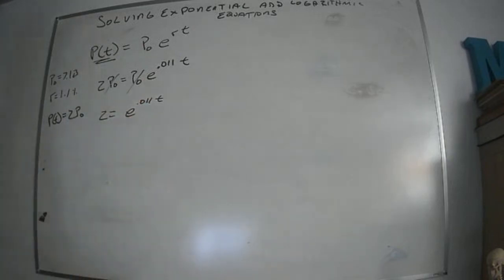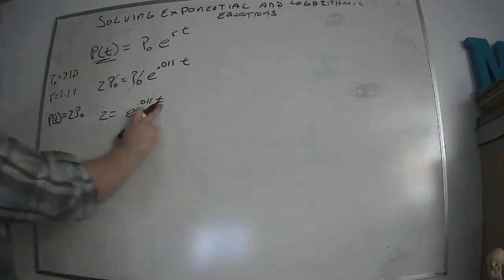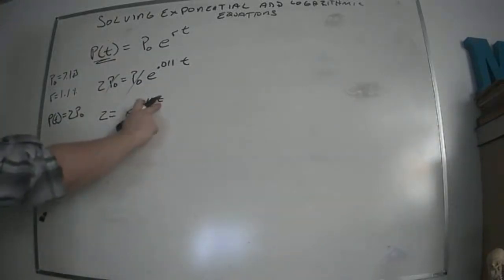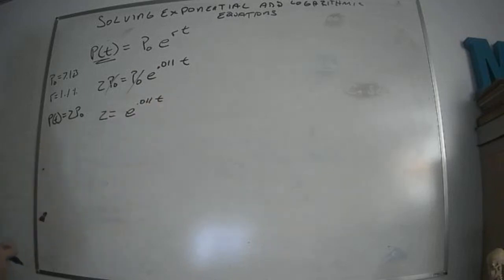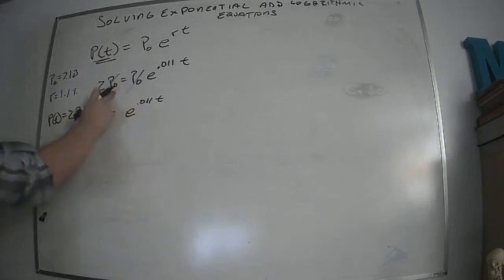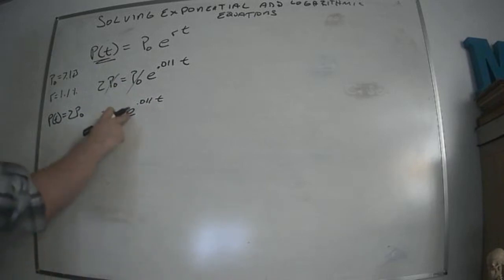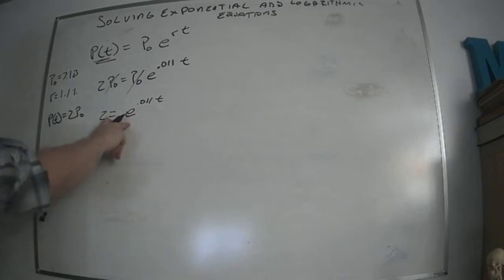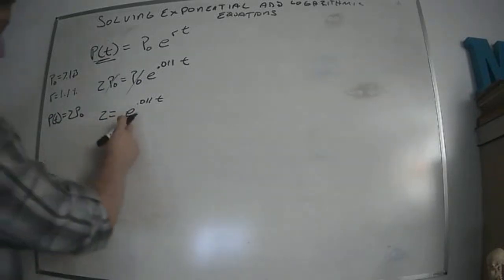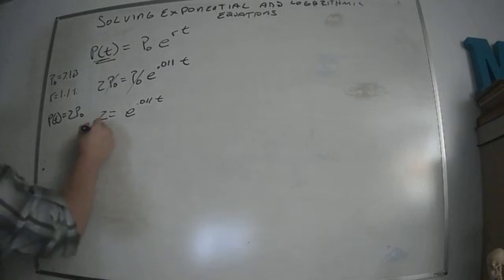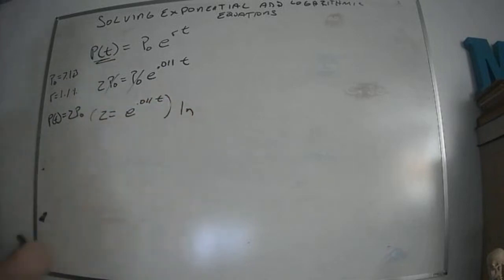Here we use the nature of the exponential equation, and we remember that since we're solving for t, which is in the exponent of this equation, we have to do something that gets it out of the exponent. Here, we used algebra to divide out something that had been multiplied. So division and multiplication are reciprocal functions. So in this case, we need to use the reciprocal function of the exponential, which is the logarithm. In the case of e, it is the natural logarithm. We take the natural logarithm of both sides of this equation.